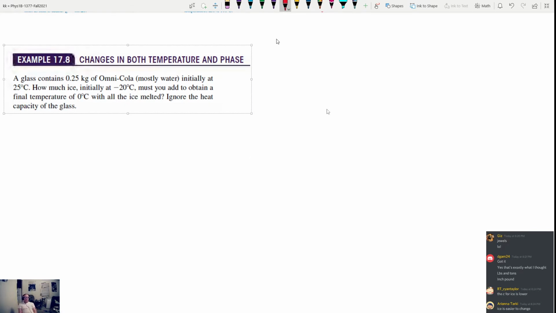All right, so we have a glass. It is filled with cola. We're pretty much going to treat it as if it's water. It has a mass of 0.25 kilograms of cola. This is the mass of the cola. And it's initially at 25 degrees Celsius.